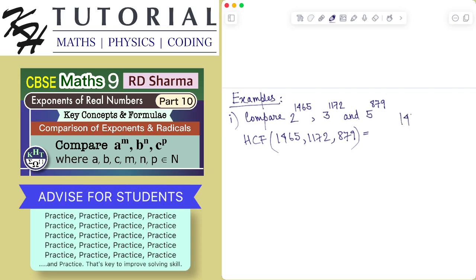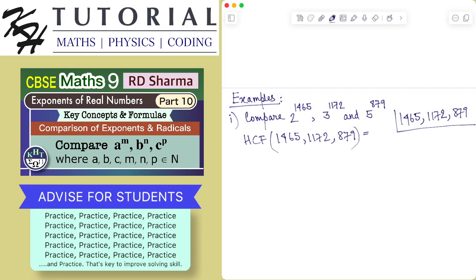So 1465, 1172 and 879. Will you divide by 3?